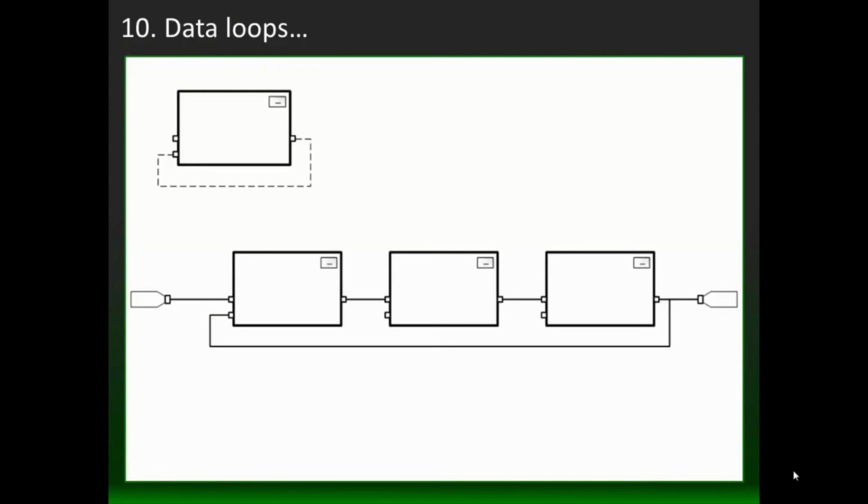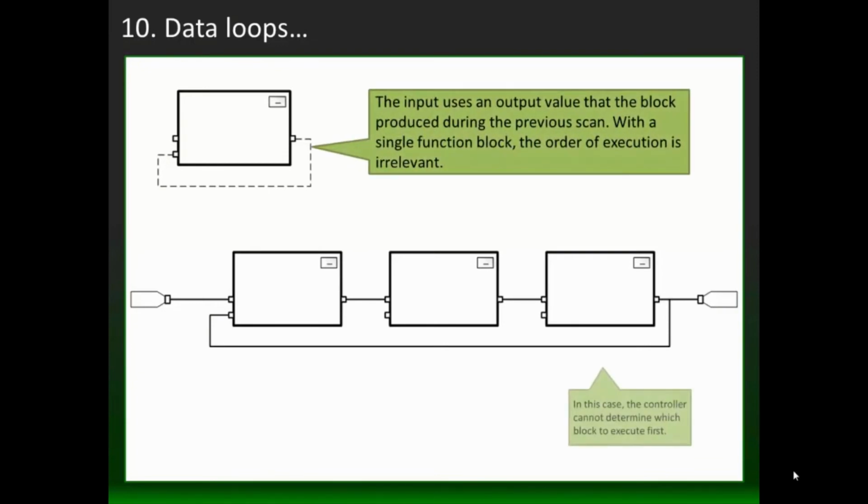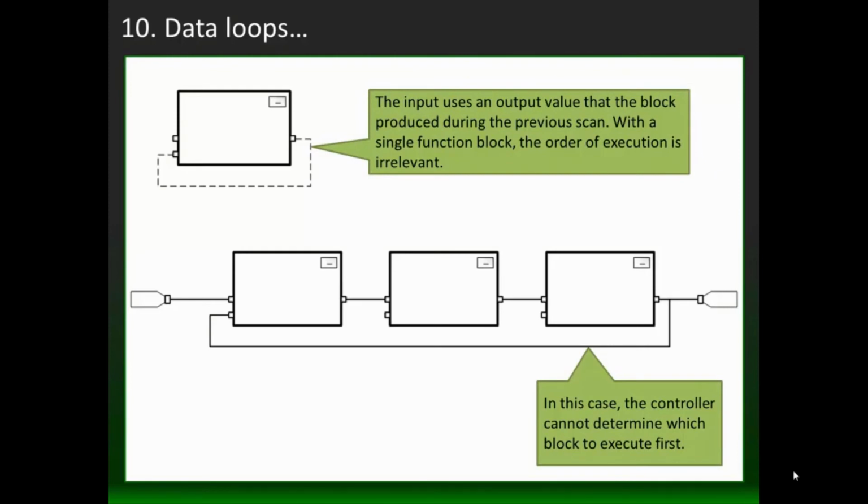Nonetheless, when you look at these two instances right here, in the first one, the input uses an output value that the block produced during the previous scan. With a single function block, the order of execution is irrelevant. It really doesn't matter. That feedback from the output of this block, that value will have been produced in the previous scan. In the bottom case, however, because there's multiple blocks to execute, the controller cannot determine which block to execute first because of the feedback loop.